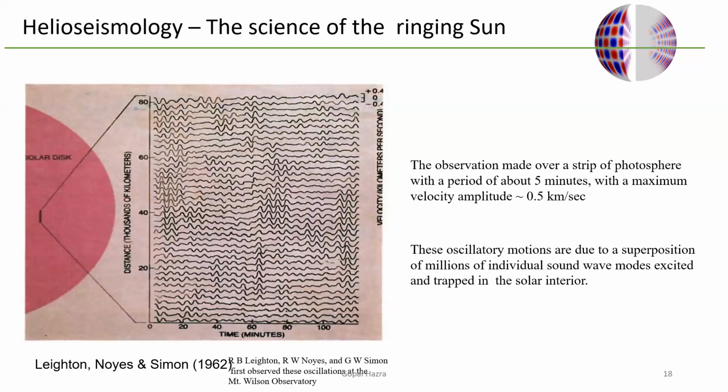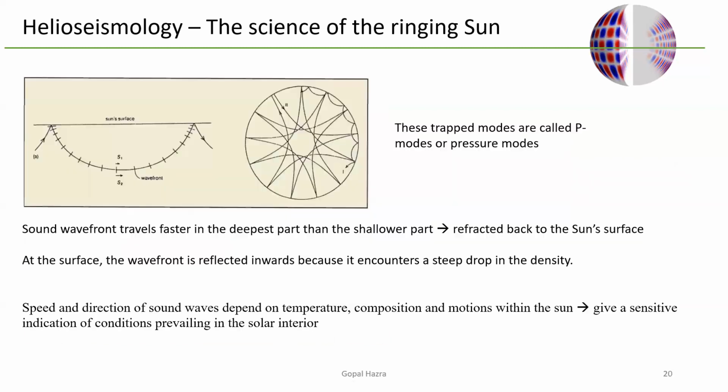Let me explain. Inside, the sound wave is happening, because a medium is there. But when it comes to the surface, it doesn't propagate, yet we are measuring the surface. When the sound wave changes the pulsation, it changes the velocity of the photosphere, and that velocity of the photosphere gives a spectral signature. That spectral signature we are measuring.